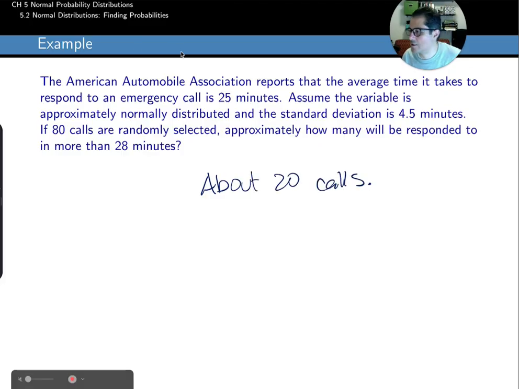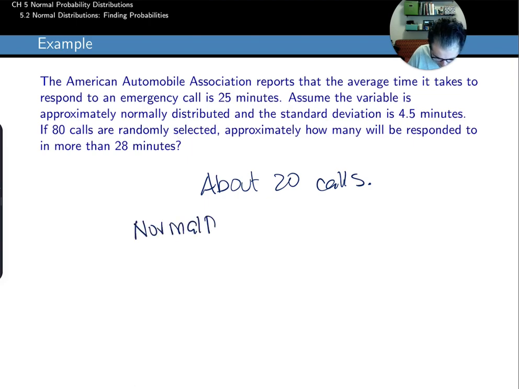For a problem like this, you would show your work by copying what you typed. Not normal CDF, the command in Class Calc is normal dist. You write normal dist with mean 25, standard deviation 4.5.